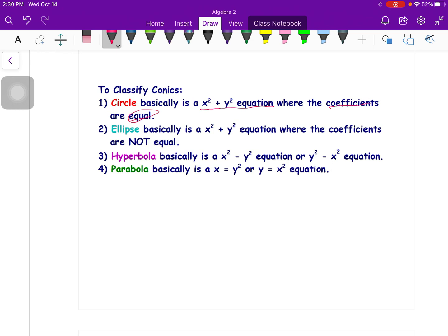So if the number in front of x squared and y squared are the same, and we are adding our equations, then we have a circle. To notice what we have with an ellipse, it is still an x squared plus y squared equation, but there our coefficients are not equal. They would be different. Still the adding of our squares.